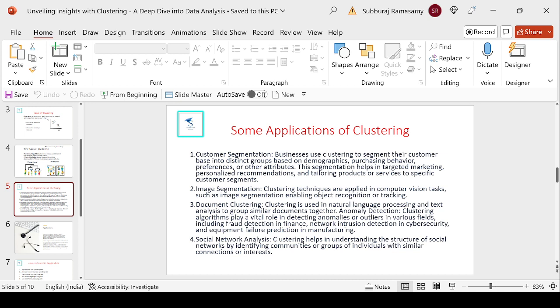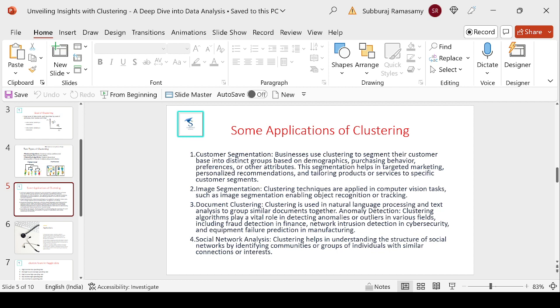And the third thing is document clustering. It's one of the widely used applications of clustering where you can classify the documents. It's used in natural language processing and text analysis to group similar documents together.